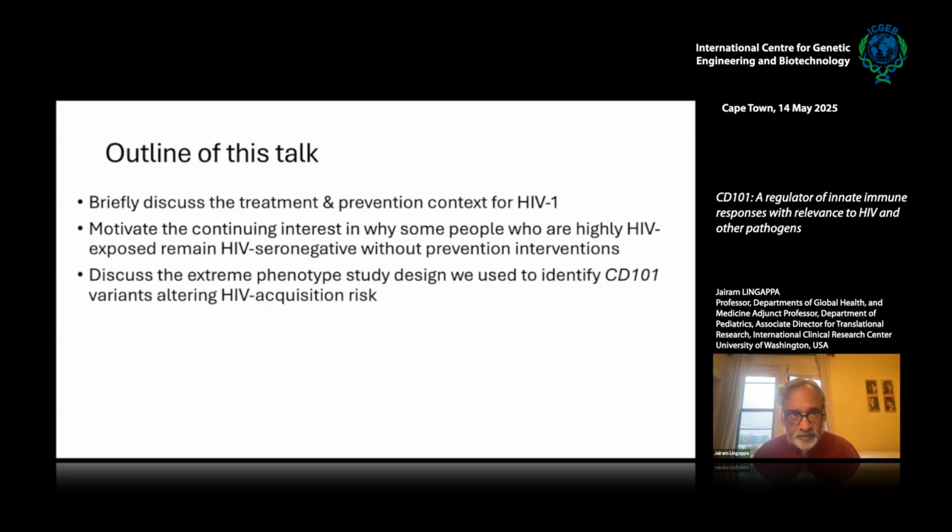Then I'll move on to the study design that I started with, namely the extreme phenotype study design, and how we used that to identify CD101 variants as being involved in altering HIV acquisition risk.